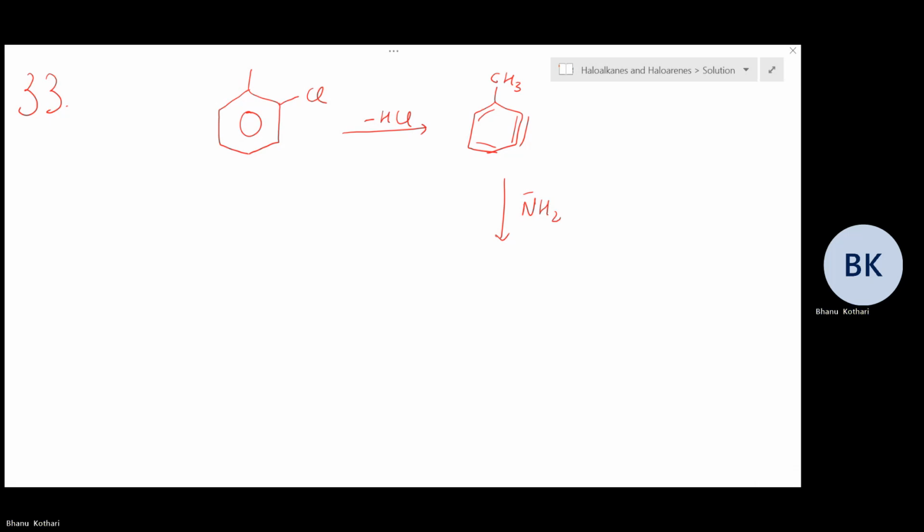It will form the aniline. NH2 can get added here also and on this carbon also. This is orthotoluidine, and when it gets added on the second carbon, it will give metatoluidine. Right? So benzyne will be formed. Correct answer will be option B.